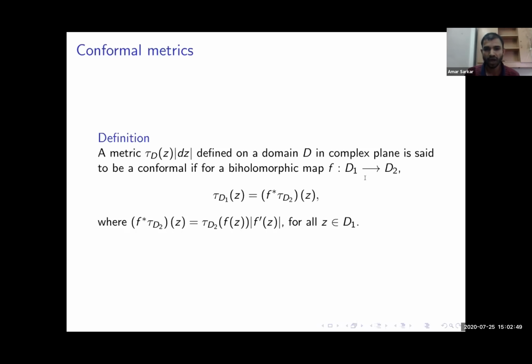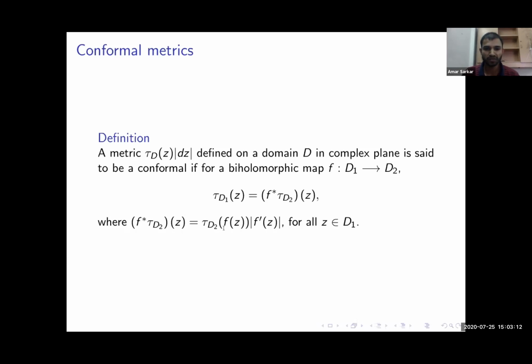That is, if you have a biholomorphic map f from a domain D1 to another domain D2, then when you pull back the metric tau_D2 with respect to the map f, it should be equal to the metric tau_D1.